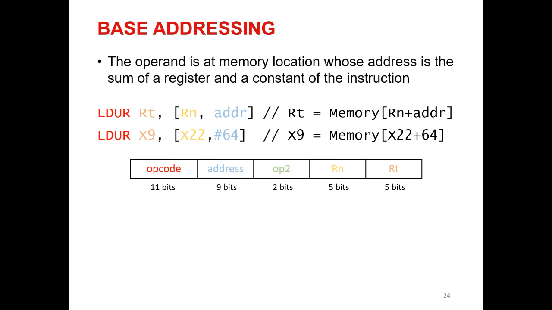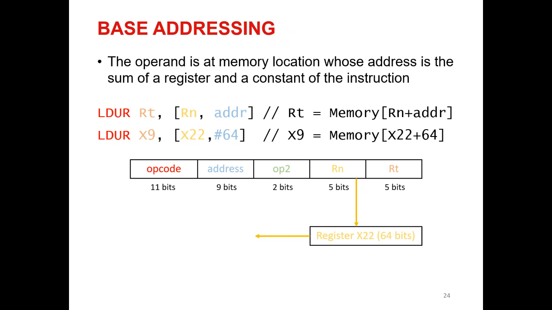Another kind of addressing, the one I have already mentioned. If you think about this, we have seen all those instructions already in previous lectures. What we are just mentioning here is the formal name that we give to those kinds of addressing modes. So in base addressing, we have a base address in a register, and then we add an immediate value to that address. For instance, in this case, we have in register n the base address. Remember when we were working with arrays.